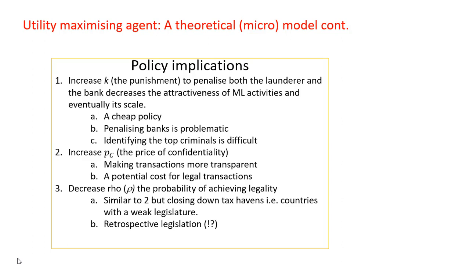And then finally, to decrease the probability of achieving legality, retrospective legislation. This is not a popular thing. The assumption with any law is that it applies from now onwards, but retrospective legislation does exist, and what it is is that you pass a law and you apply it to time before the law was passed, on actions that are now illegal, but at the time they were undertaken, were legal.